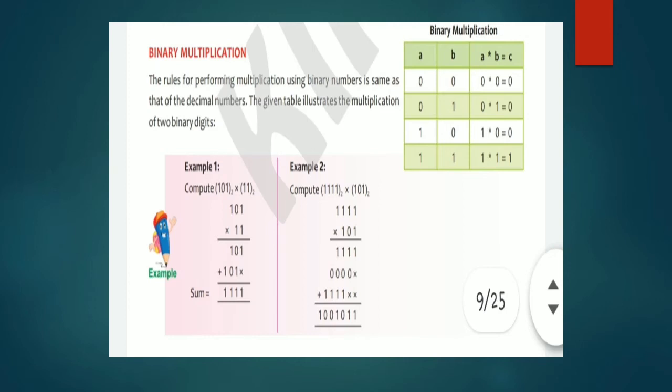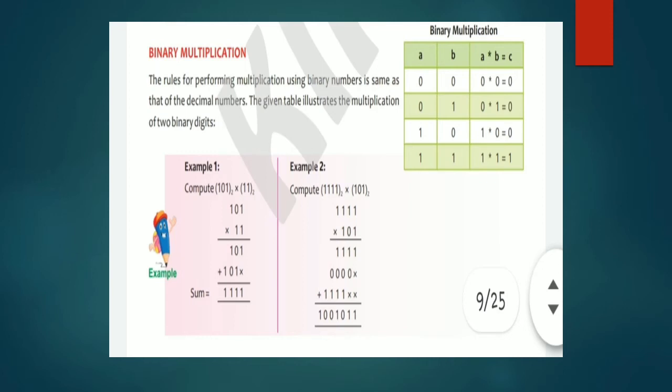First example is here, 1 0 1 multiply by 1 1, and firstly we multiply by 1. 1 into 1 is 1, 1 into 0 is 0, and 1 multiply 1 is 1.